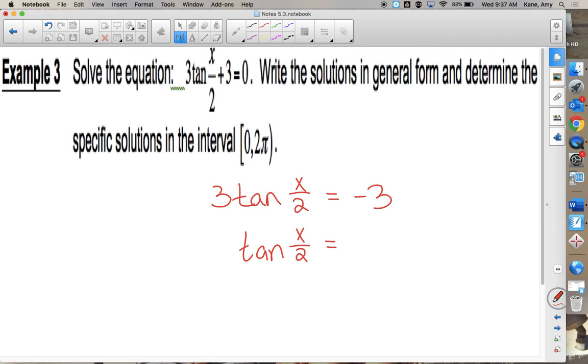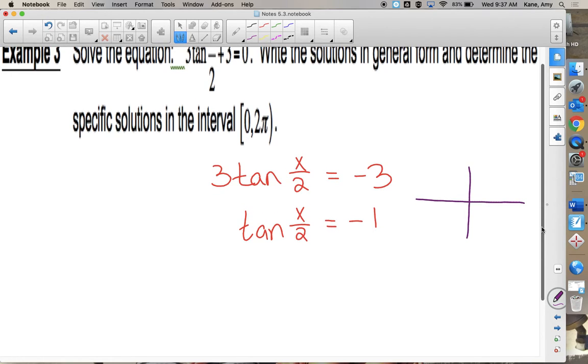Hannah, you end up with the tangent of x over 2 equaling negative 1. So you don't do anything with the x over 2. You still approach the problem the same way.